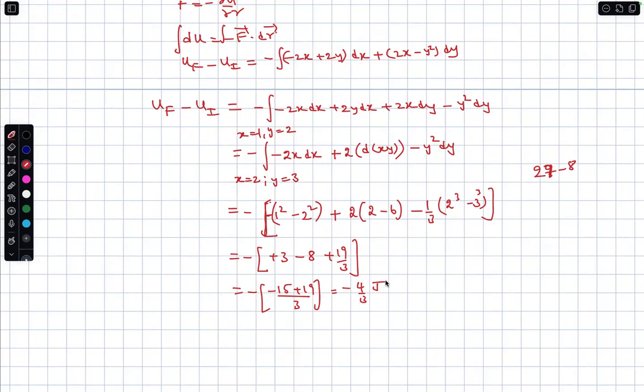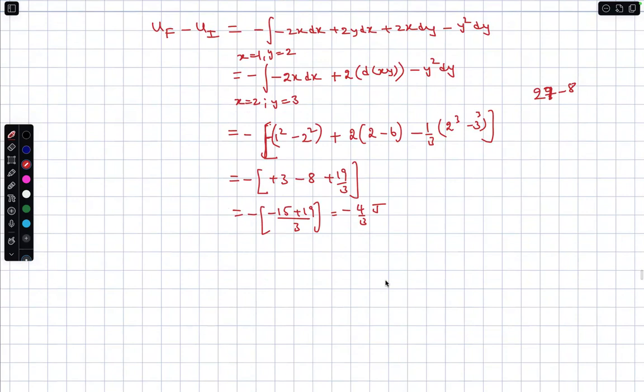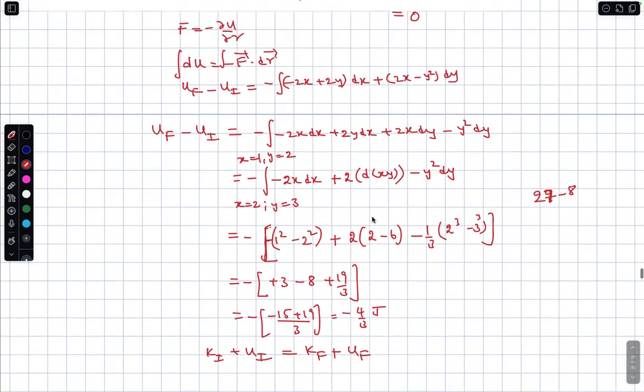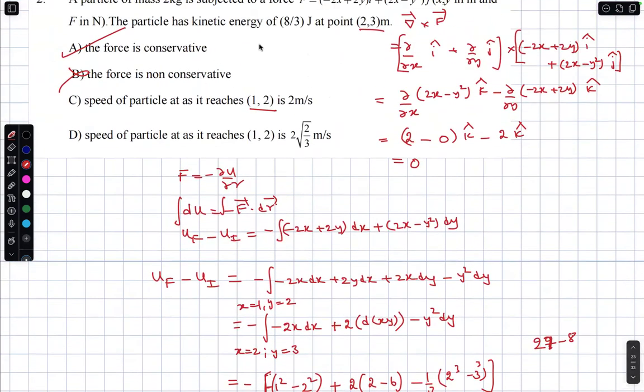Sir, why have you done all this nonsense? I'll explain. K initial plus U initial is the same as K final plus U final. They have given K initial, you can see that, 8 by 3 joules. You want K final.